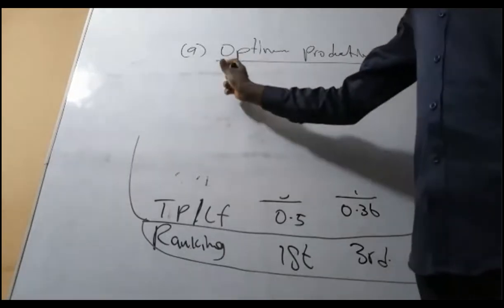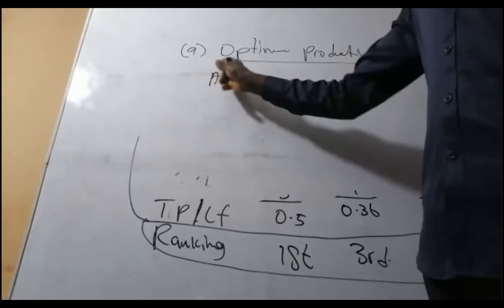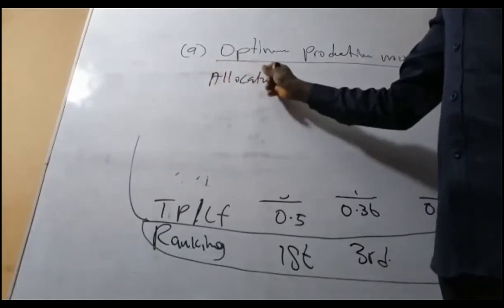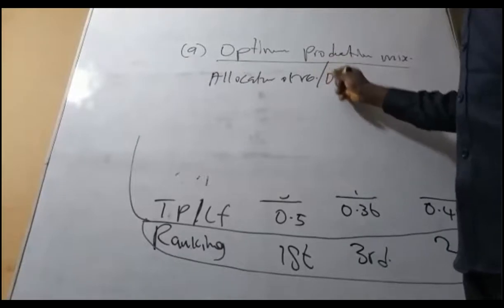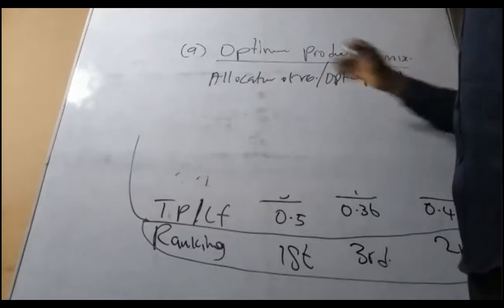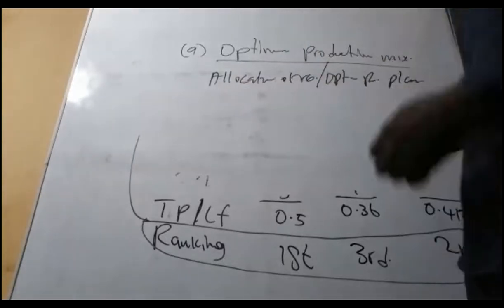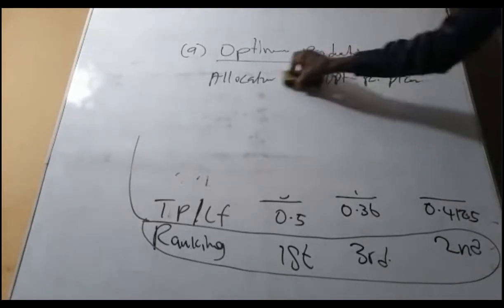So we go to allocation of resources. And what? Optimum production plan. Allocation of resources and optimum production plan. Great. Allocation of what? Resources and optimum production plan.